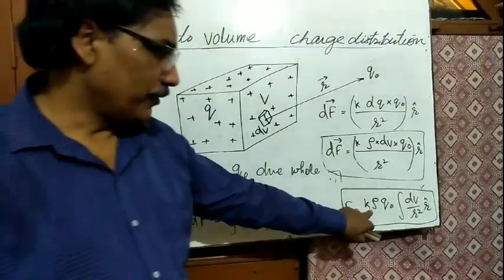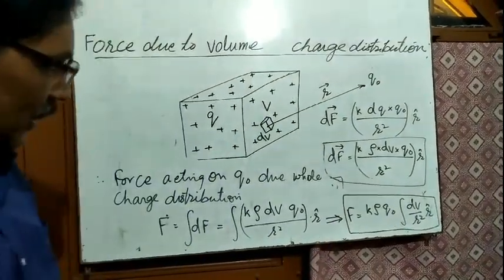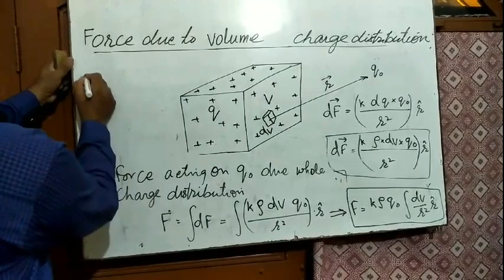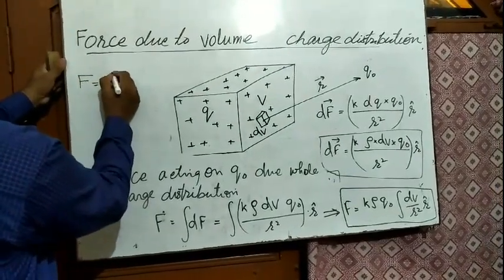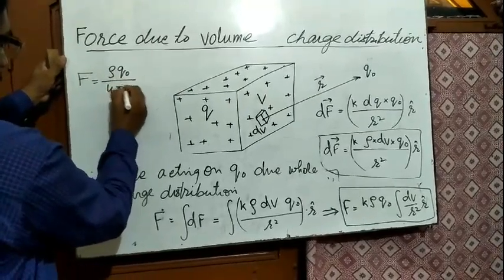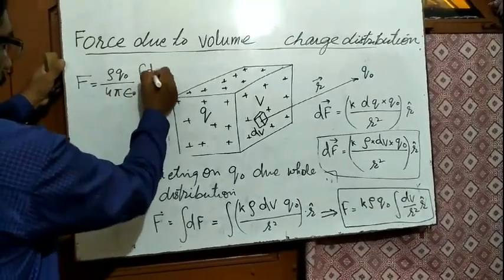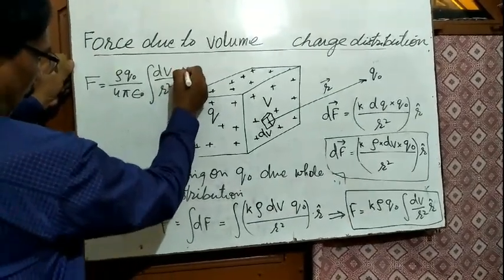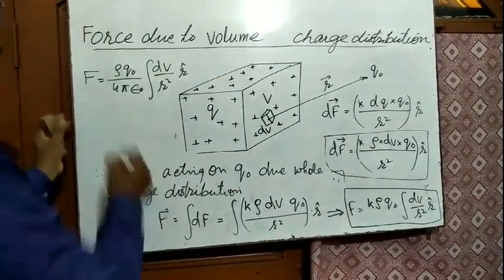You can put the value of K as 1 by 4 pi epsilon naught here. Then the expression will be F is equal to rho Q naught by 4 pi epsilon naught integral dV upon R square R cap. This is the integral over volume. So this is the force.